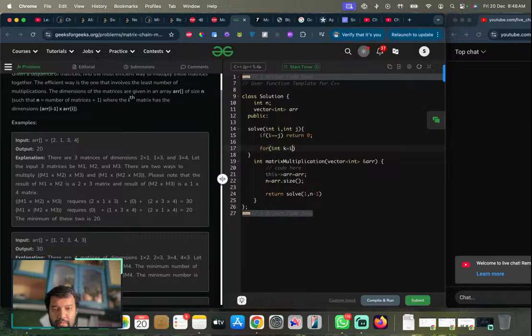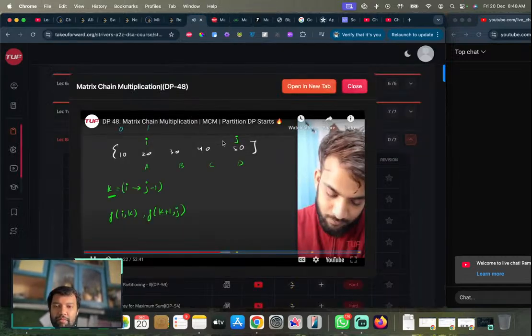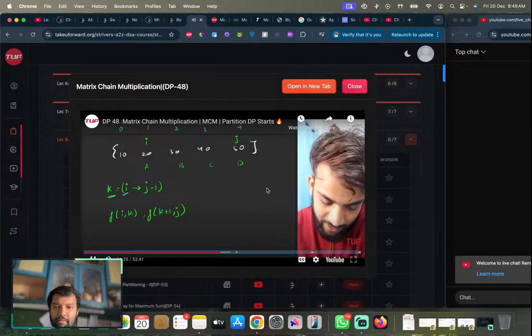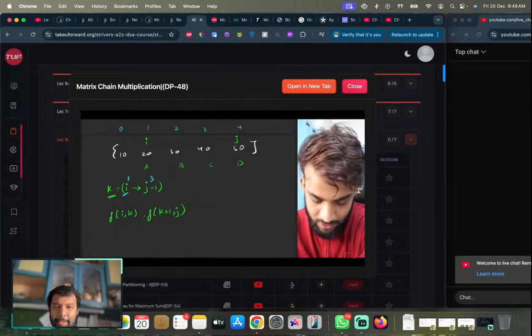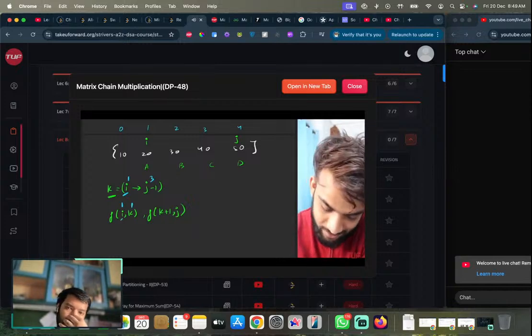Let's take this example and try to write the values. 0, 1, 2, 3. So where is k? Let's try to write down the indexes so that this gets better. So k is basically running from 1 to 3. So what am I saying? 1 to 1 and 2 to what's j? J is 4.